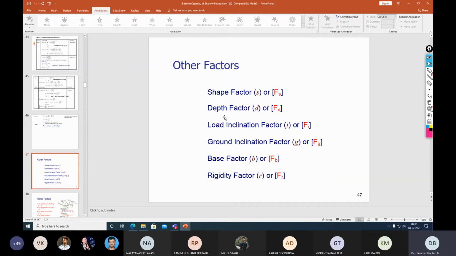Although the shape, depth and inclination factors, especially shape and depth factors, are most common, if the load is inclined, then we use load inclination factor.